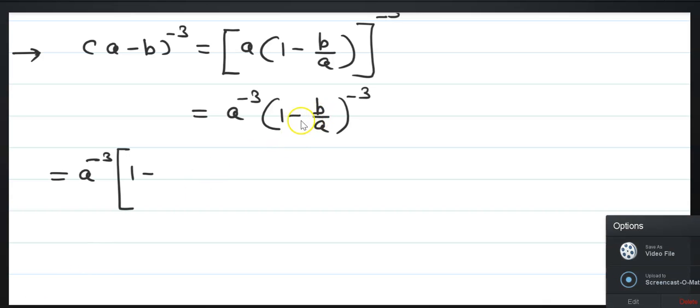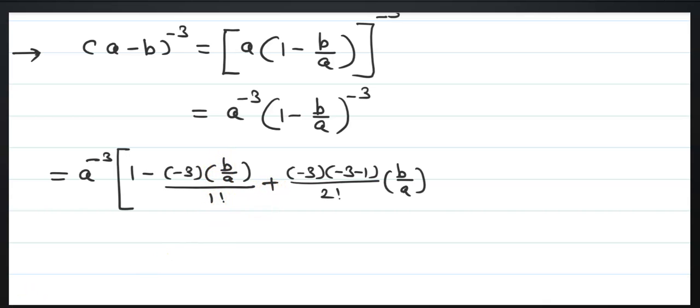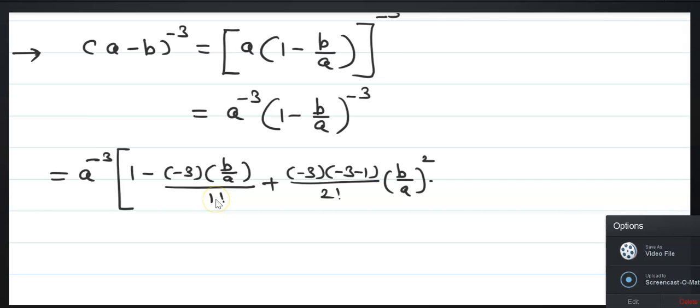As here one thing is that there is a minus sign, again the index is minus. Therefore, all the terms will be positive. Now here is 1, minus 3 into b upon a upon 1 factorial, plus. This is the second term.